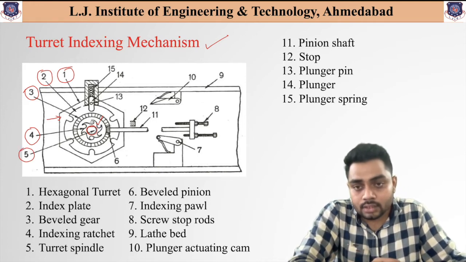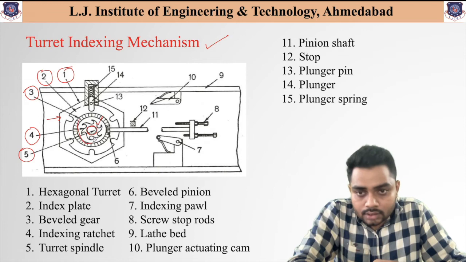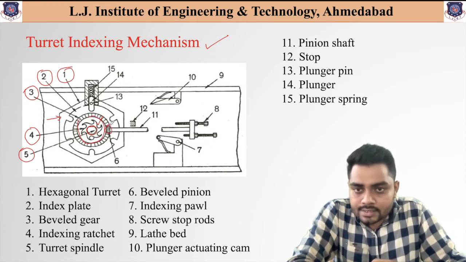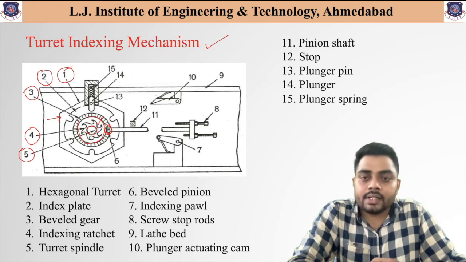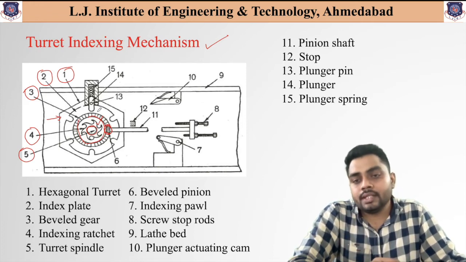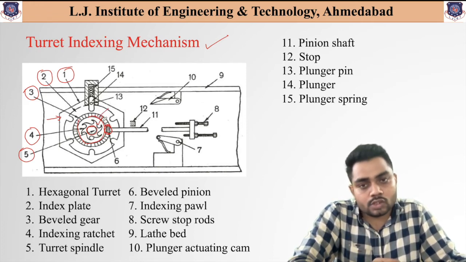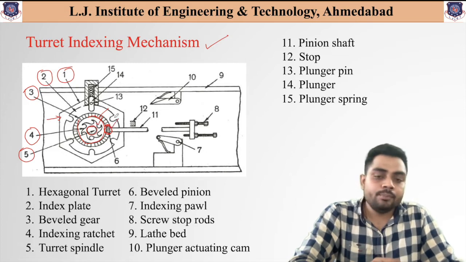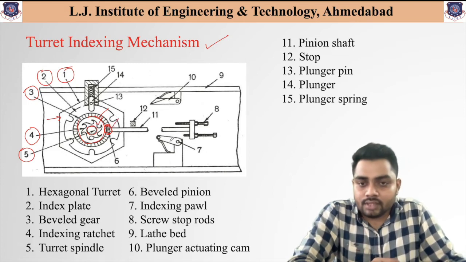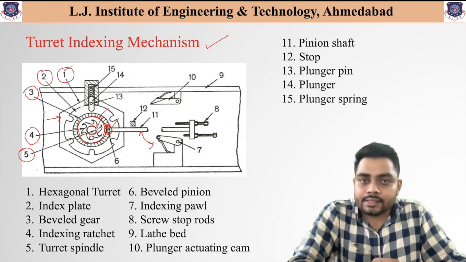Now this sixth one, with this outer gearing attachment, this rod is connected by a particular arrangement, and that is nothing but the bevel pinion. As this one is the bevel gear, motion is transmitted by using the bevel pinion. Now the seventh one, as shown over here, provides the connection between this plunger and its movement, and it provides the connection to the ratchet.